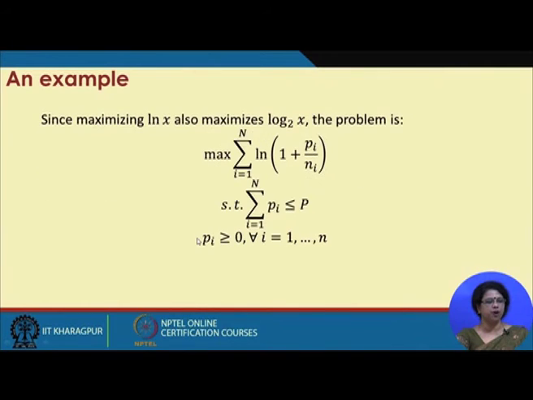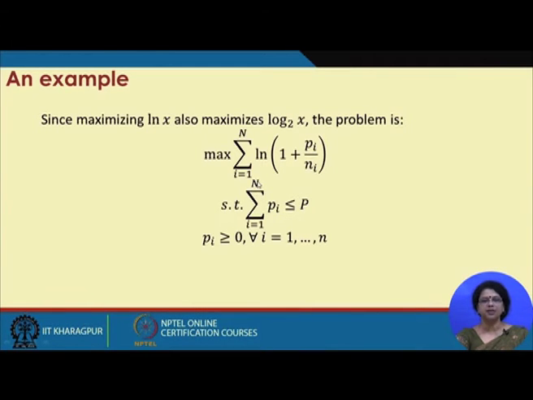If we formulate the problem, then instead of log base 2 of x we have considered ln x, that is the base e, because we are more comfortable with log values with base 10 and base e.